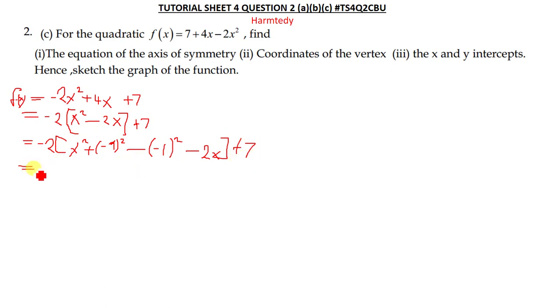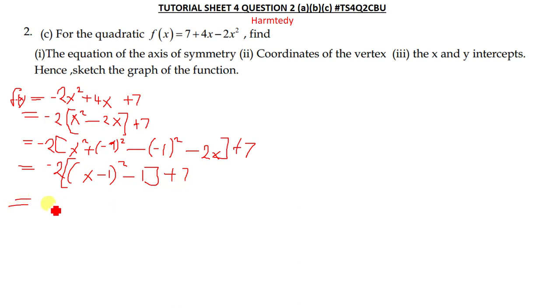So this is just going to be equal to -2, and then in brackets there we have x minus 1 squared, then minus 1 in brackets plus 7.